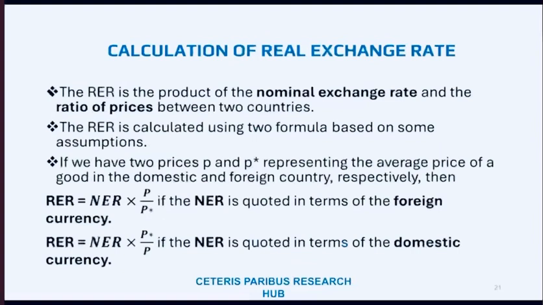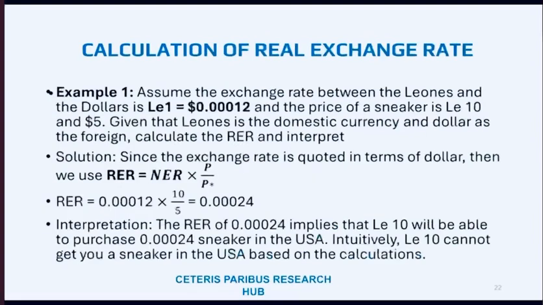The solution: since the exchange rate is quoted in terms of the dollar, take note, look at the nominal exchange rate keenly. It is saying 1 leone per $0.00012. So it is quoted in terms of the dollar because you are determining the value of a leone in dollars. So the formula you should use is the one with P star in the denominator.